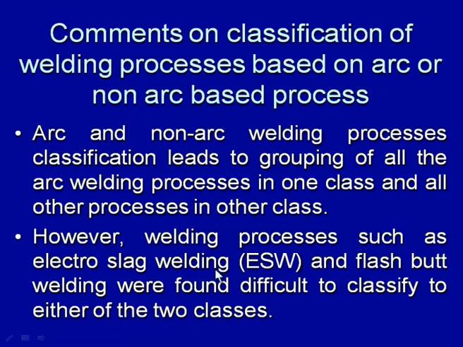It is difficult to put them under either arc welding processes or non-arc welding processes, because arcing is there for a short while, thereafter main heating takes place by electrical resistance heating, or the joint is made by forging and plastic deformation.